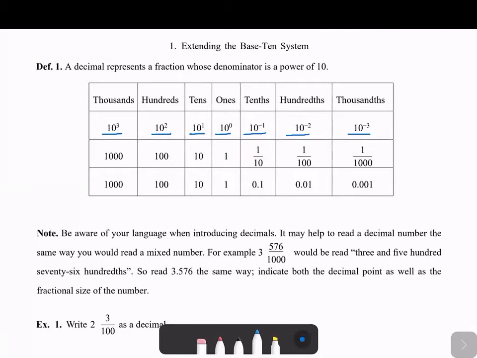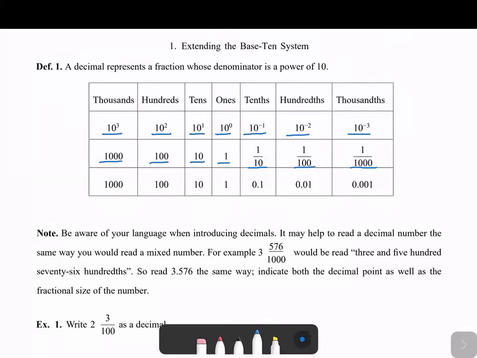If you remember, when we talked about exponents, raising a number to a negative exponent makes it a fraction. Just like before, our normal exponents go to 1,000, 100, 10, and 1, and our negative exponents go to a fraction over those corresponding powers of 10: 1 over 10, 1 over 100, and 1 over 1,000.